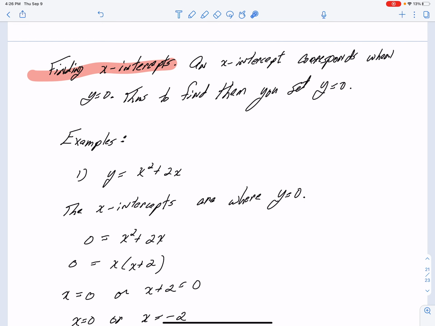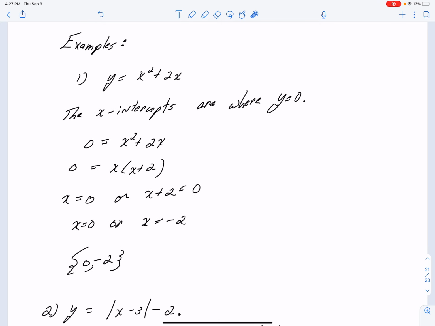How do you find an x-intercept? An x-intercept corresponds to where it crosses the x-axis. But if it crosses the x-axis, then y is equal to 0. So the answer is you set y equals 0 and solve for x.